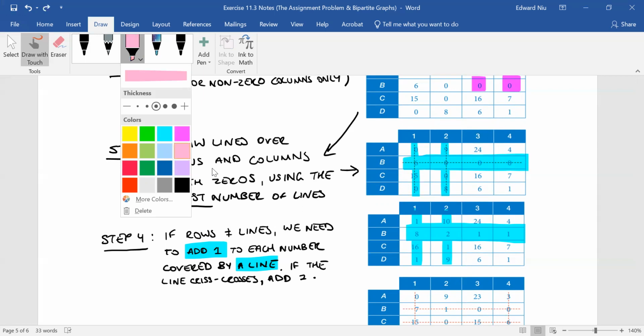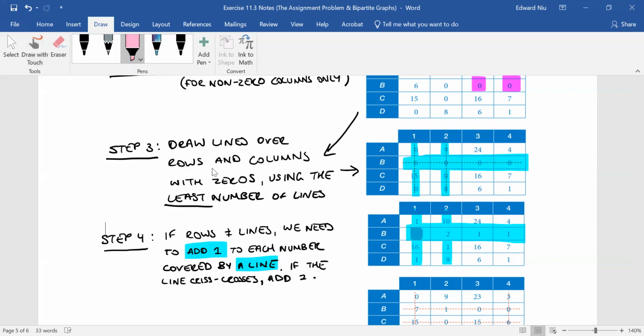This? Yeah. We'll just circle it. The crisscross section is the 8 and 2. All right, so we'll circle this part. So if the line crisscrosses, add 2. All right, so the 6 and 0 has been added by 2.